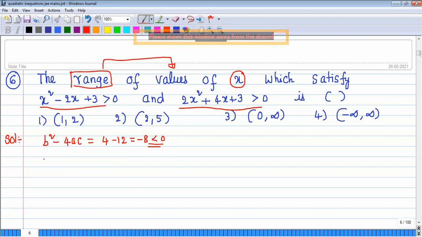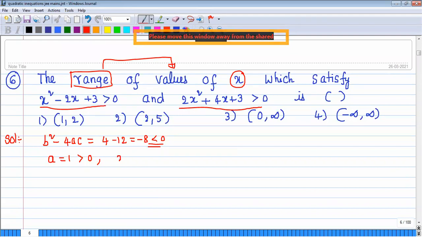See, the coefficient of x square, a, is 1, and 1 is greater than 0. Here, the first theorem we have studied in quadratic expressions: if b square minus 4ac is less than 0, then ax square plus bx plus c and a will have the same sign for every x belonging to R. Here a is equal to 1, a greater than 0.